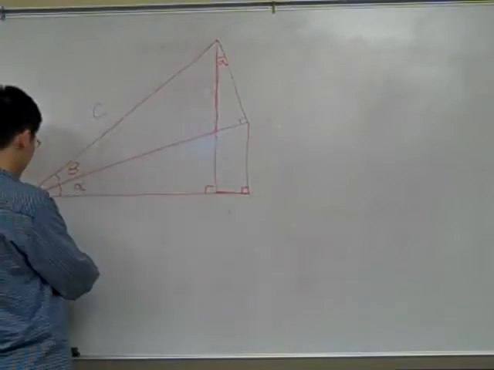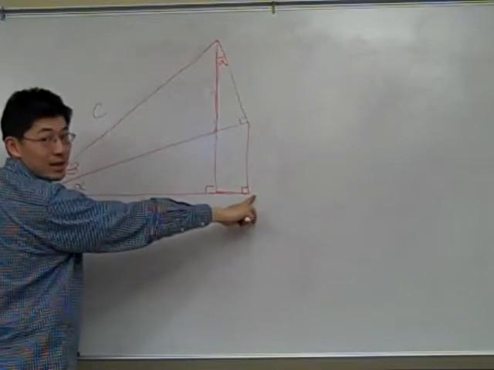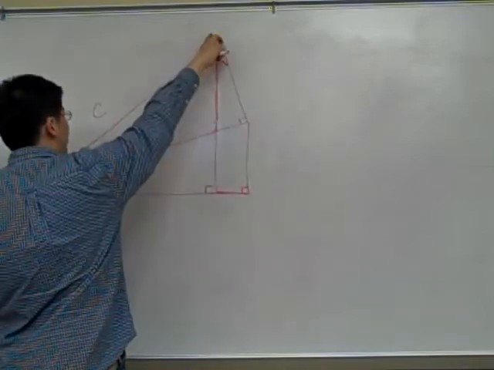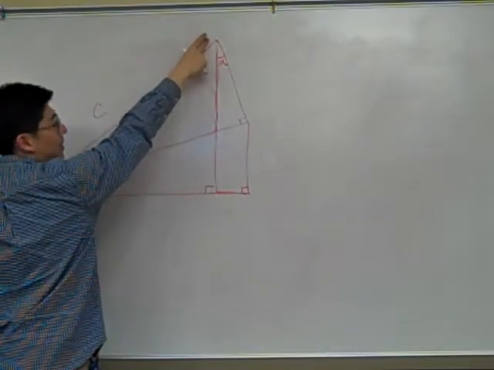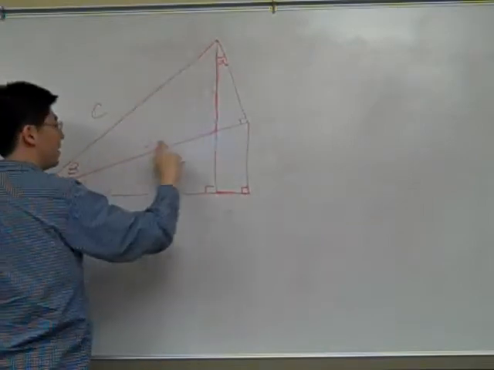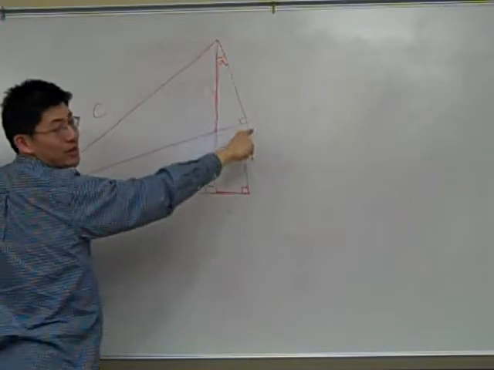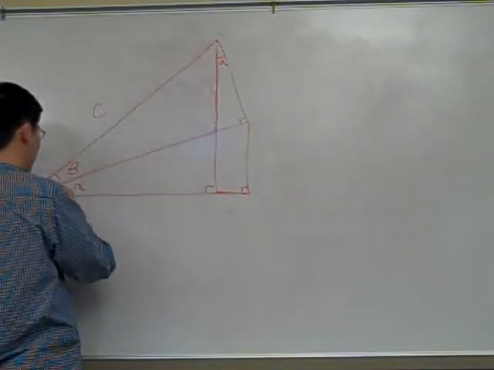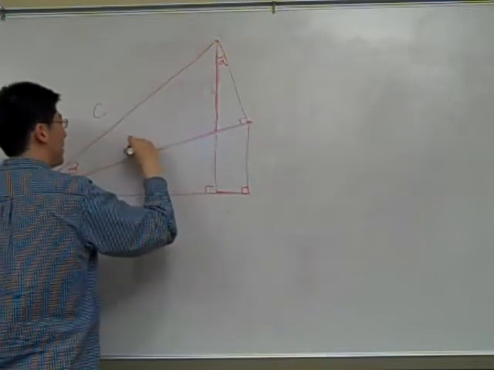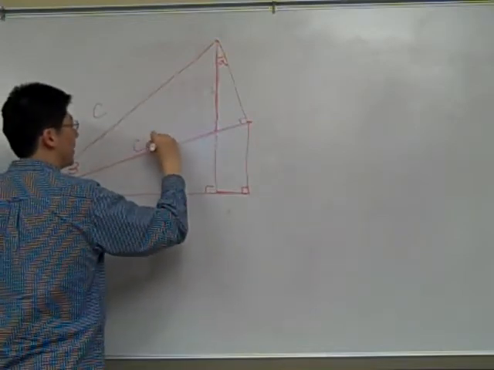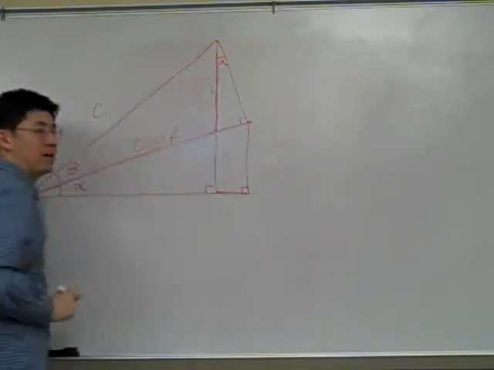So what is the length from here all the way to here? Well, here this is the hypotenuse, and now we want to get the adjacent side in this right triangle. So that means the length from here to here is going to be c times the cosine of beta.